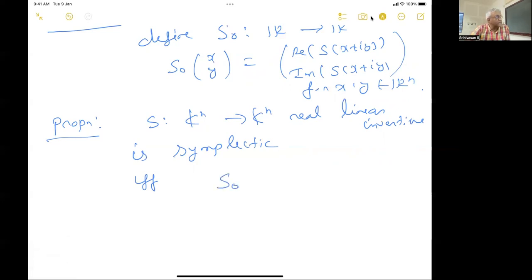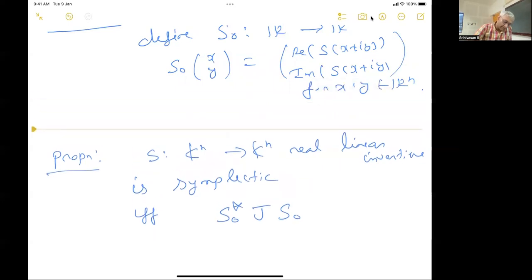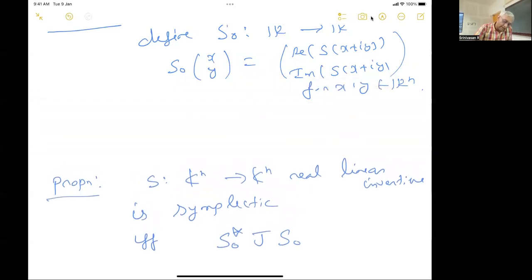We want to state the relation in terms of S naught. S naught star J S naught, and I will say what is J. J is this operator: 0, identity, or I will just write 1, the n cross n matrix, and minus 1 n, 0.